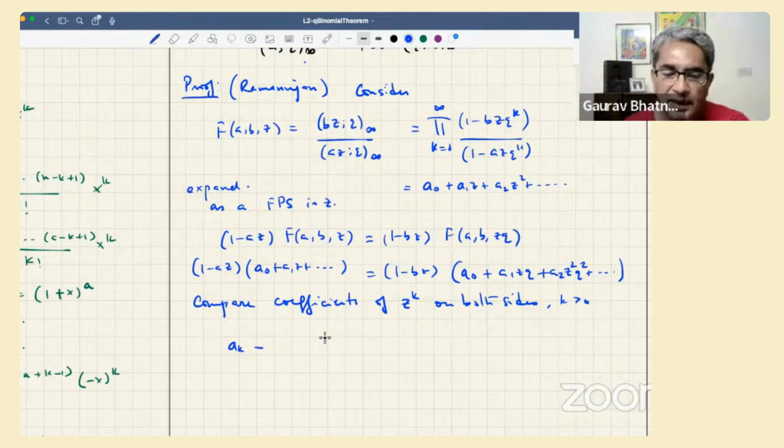From the second guy, you will get minus a times a_(k-1).